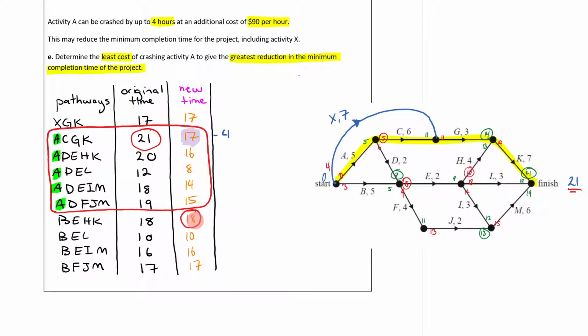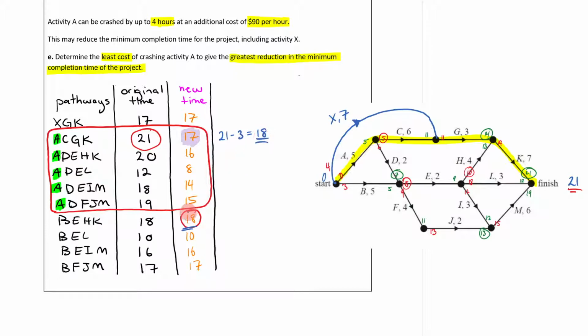So what that means is that you shouldn't actually reduce this one by 4. Rather, what you should do is reduce it by 3. And if I was to reduce 21 by 3, so 21 minus 3, that's now going to become 18. Do you see how my minimum completion time is still 18 if I reduce it by 3 or if I reduce it by 4?